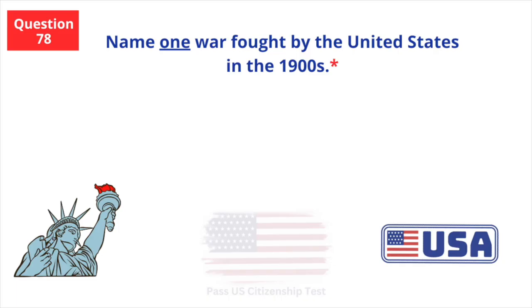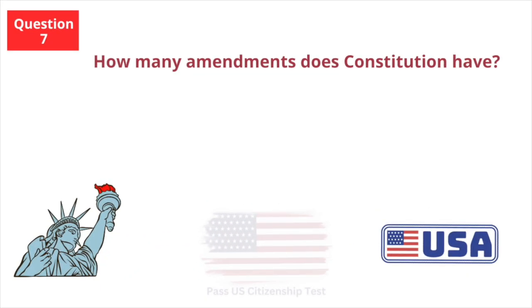Name one war fought by the United States in the 1900s. World War I. How many amendments does the Constitution have? 27.